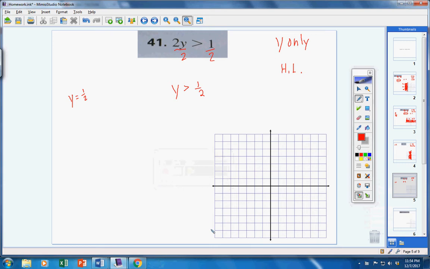So students, I will go to the y-axis, go to 1/2, draw a horizontal line, and notice, students, it will be a dotted line because there's no equal sign here under the inequality. So there's my horizontal line, and notice it says y is greater than 1/2, so I'm going to shade above the dotted line. There we go.